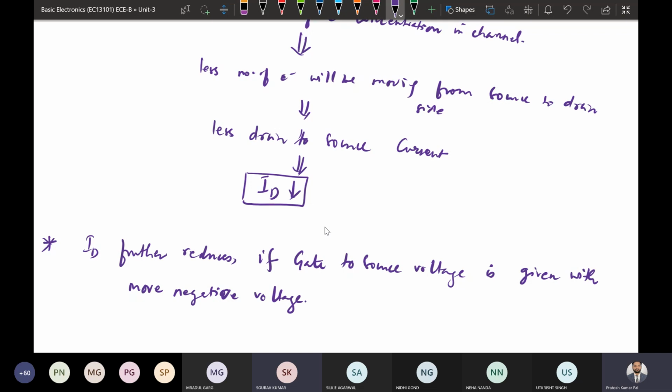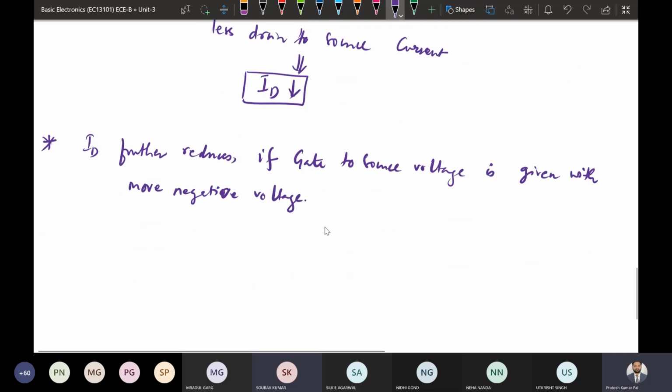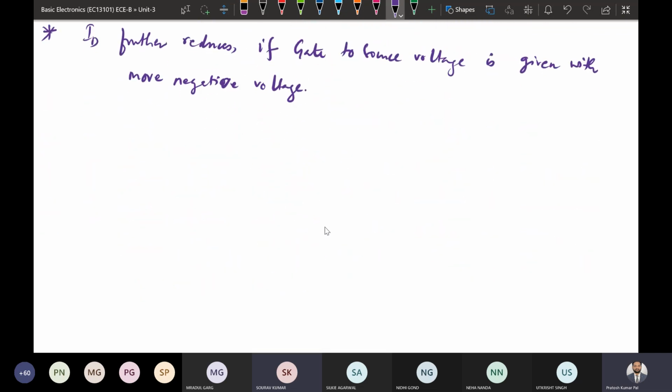If we increase the gate to source voltage further in the negative direction, then ID will keep reducing.